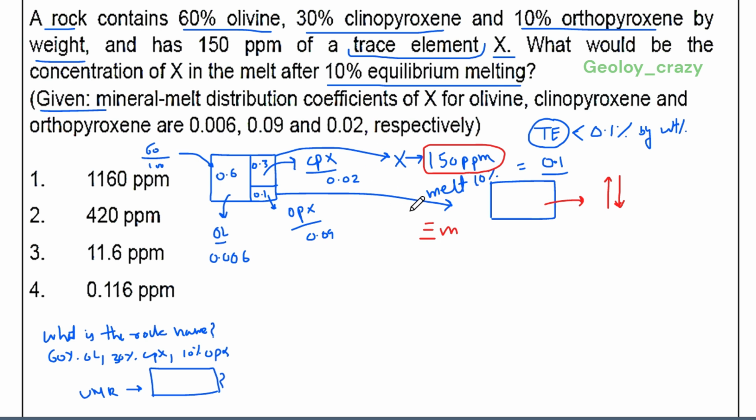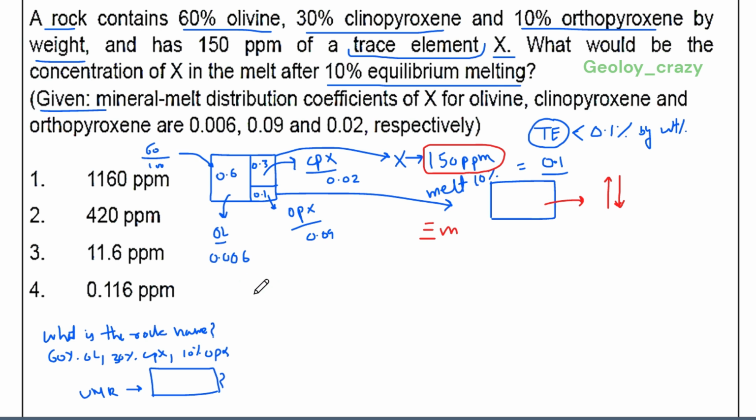One thing we have to understand, that in each we are having some value. Suppose we have some weight of this rock. Now from the melt we are getting 10% melt, and again we have some weight.